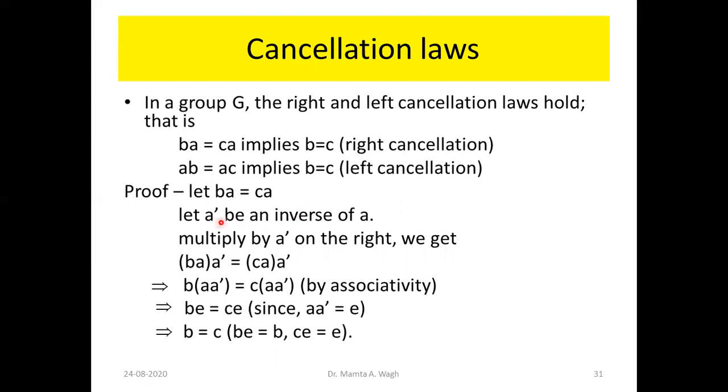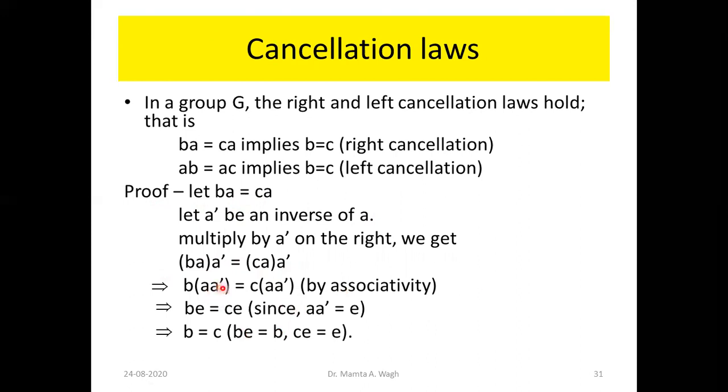Suppose that A dash is the inverse of A. Now what we are doing, we are multiplying this equation by A dash, multiplying on the right hand side. So BA into A dash is equal to CA into A dash. Now by associativity, I can write it as B into A A dash, and this is equal to C into A A dash by associativity.